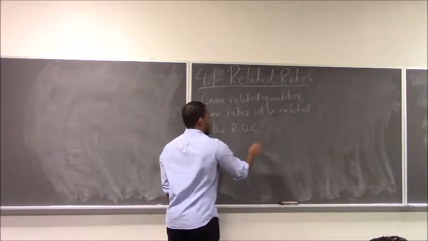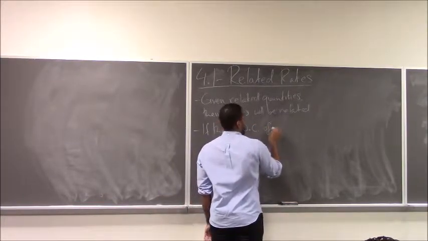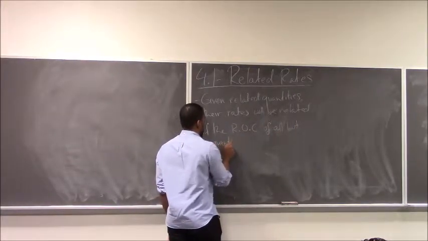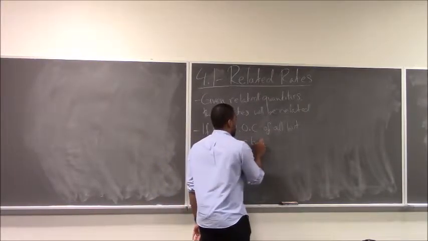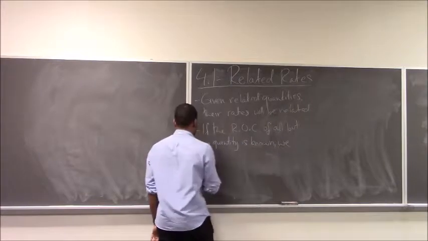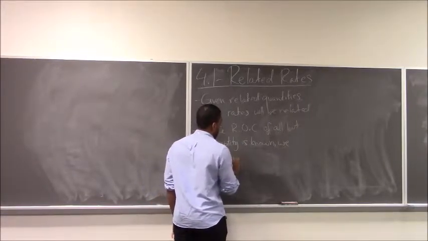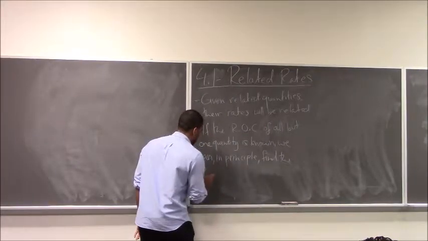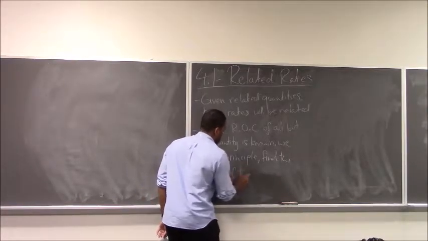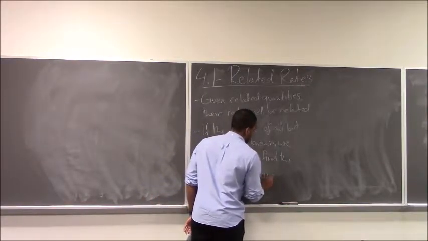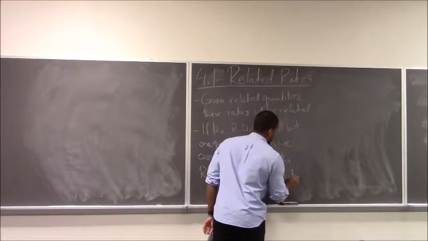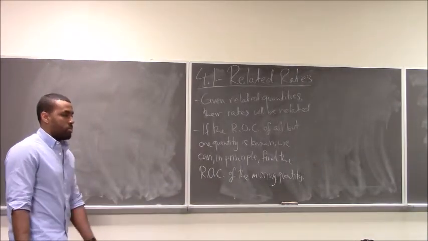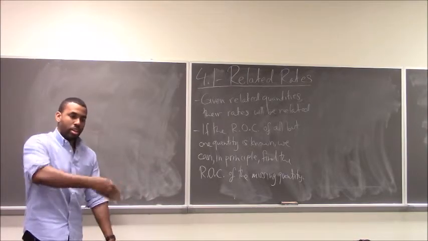ROCs, again, rates of change. If the rates of change of all but one quantity are known, you can find the rate of change of the missing quantity, simply by taking that equation, differentiating it, plugging in your knowns, and solving for the unknown.